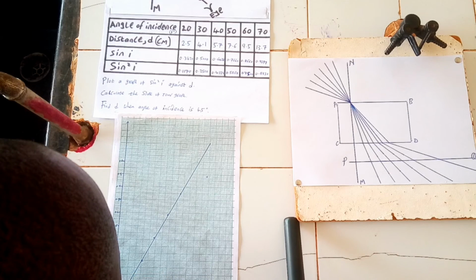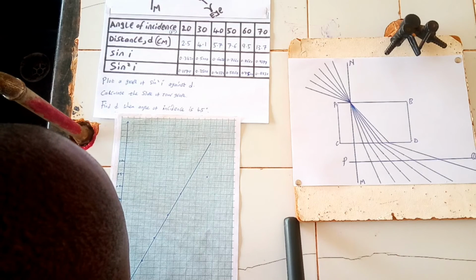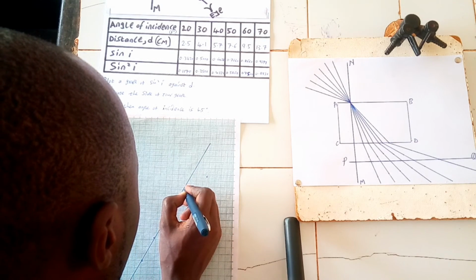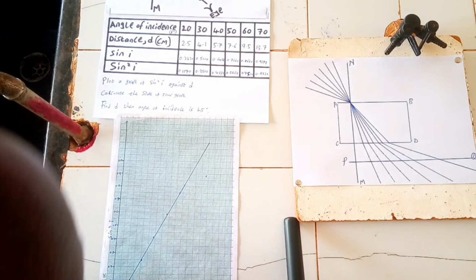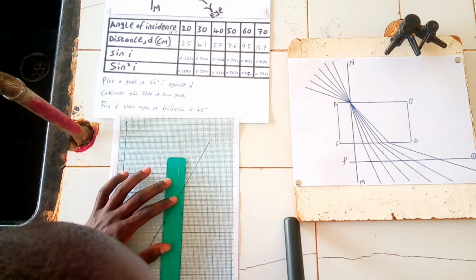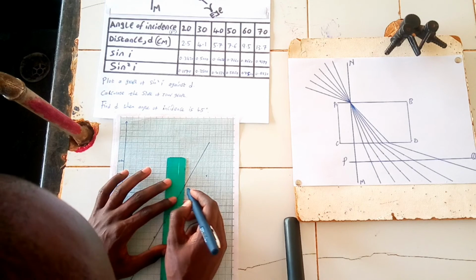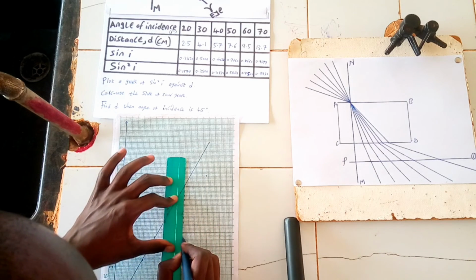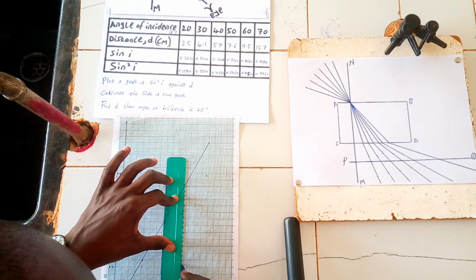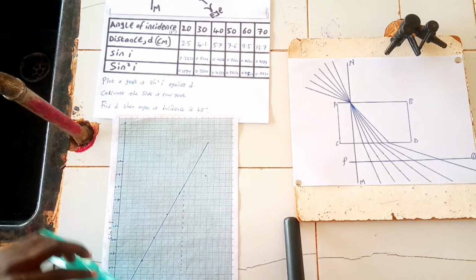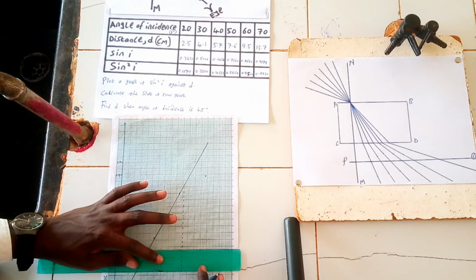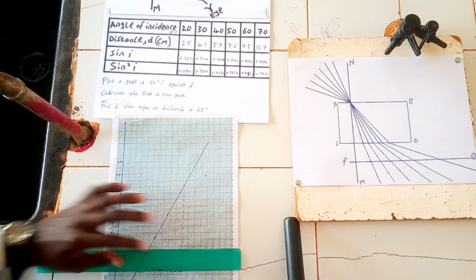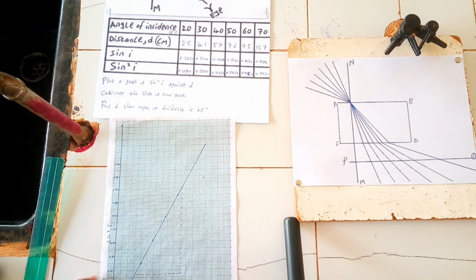So we can pick this point. The other readable point, can pick this point. So let's read this point.